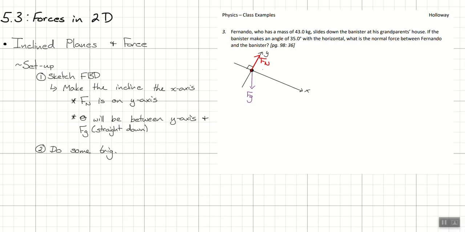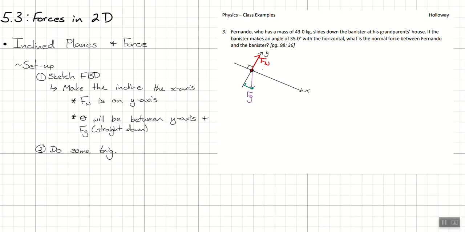So there's two options that we can run with. I want to make this force of gravity that we have the hypotenuse of a right triangle. Now, your book takes this approach. They'll go from the end of gravity and work horizontally until we get a right angle here. Okay.